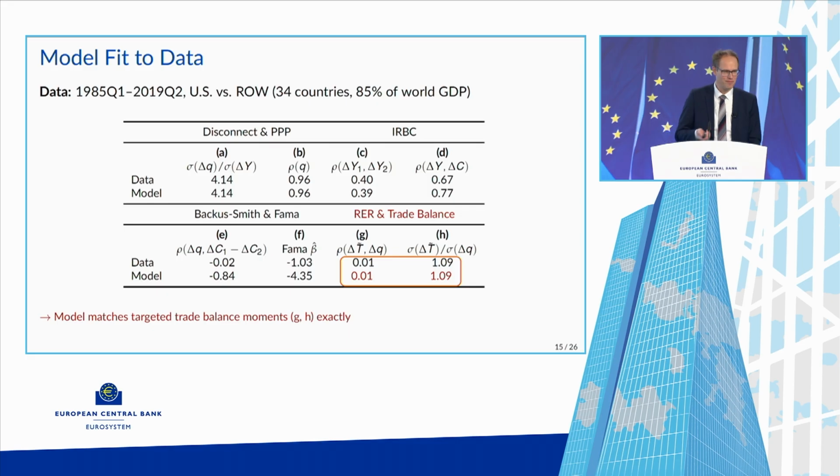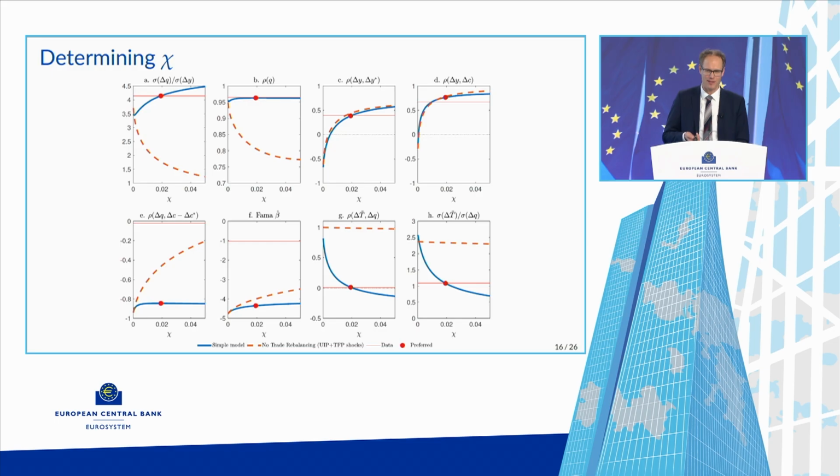So fundamentally, what I'm going to convince you of here first in this table quickly is that we're going to be able to match this now, but why and how do we match this? This is probably more helpful to go to this graph here. What we're plotting here, the data moments are these thinner red lines, and I want you to focus on those blue lines, which is the full model, and it shows you how the moments in the model change as you move around this chi, the strength of the international financial intermediation channel that we have.